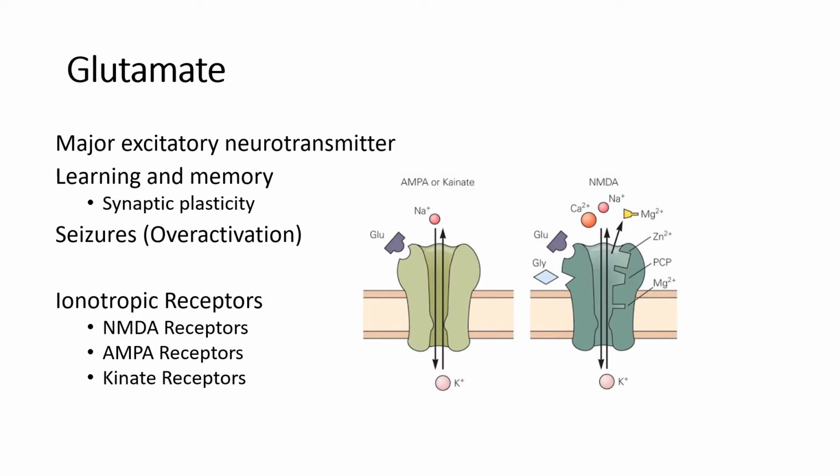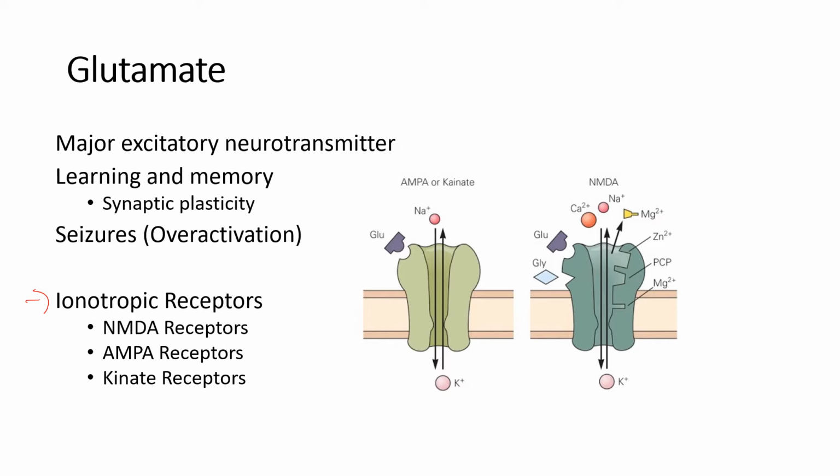They act in 3 main ways on ionotropic receptors. There's the NMDA receptors, the AMPA receptors, and the Cannabinoid receptors. We'll look at at least the NMDA one, but we're not going to go into it too much beyond that. The ionotropic ones refer to the ones that open up or relate to ion channels.